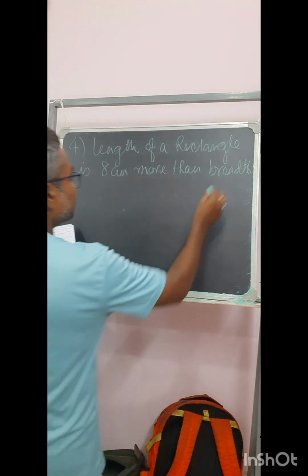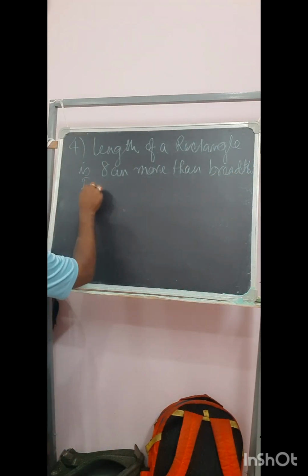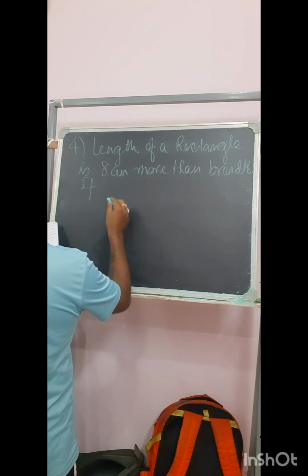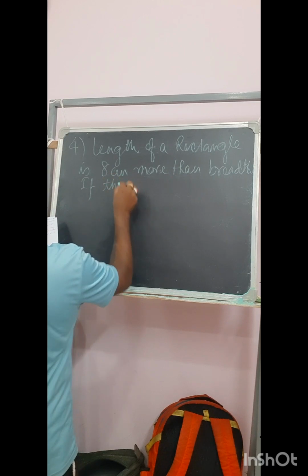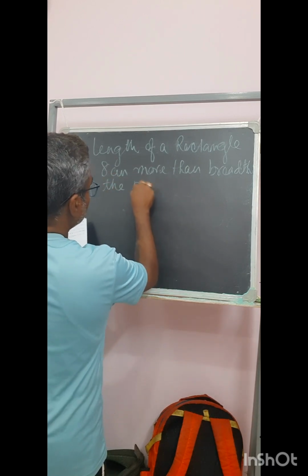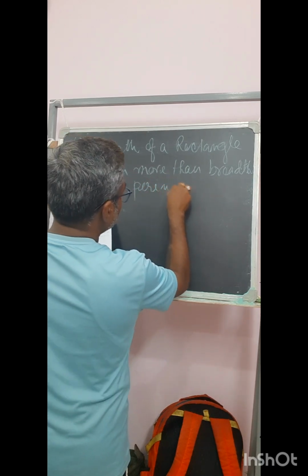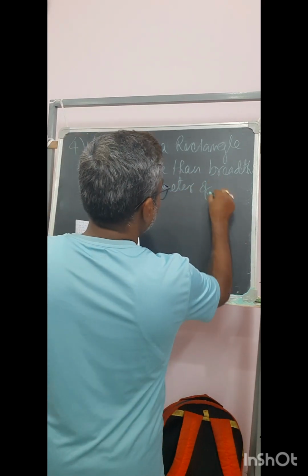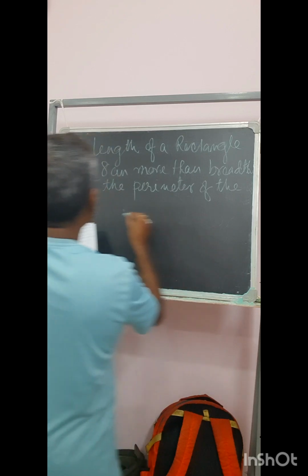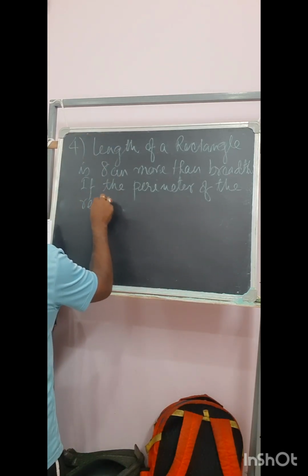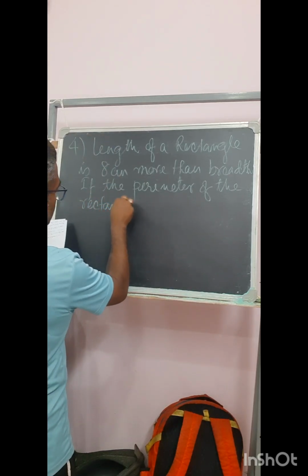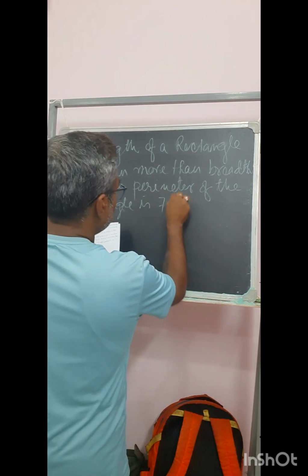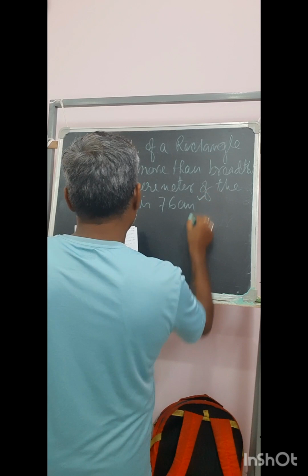If the perimeter of the rectangle is 76 centimeter square.